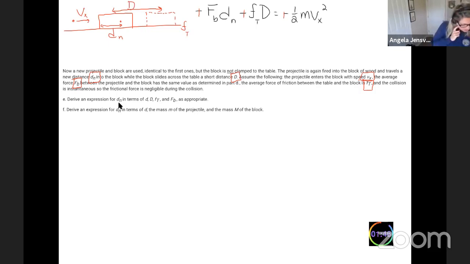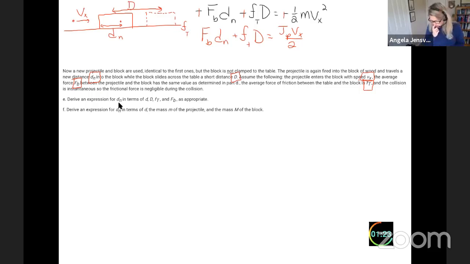So we have Fb dn plus Ft D is equal to JpVx over 2. But in part D, I hope you still can reference your d.